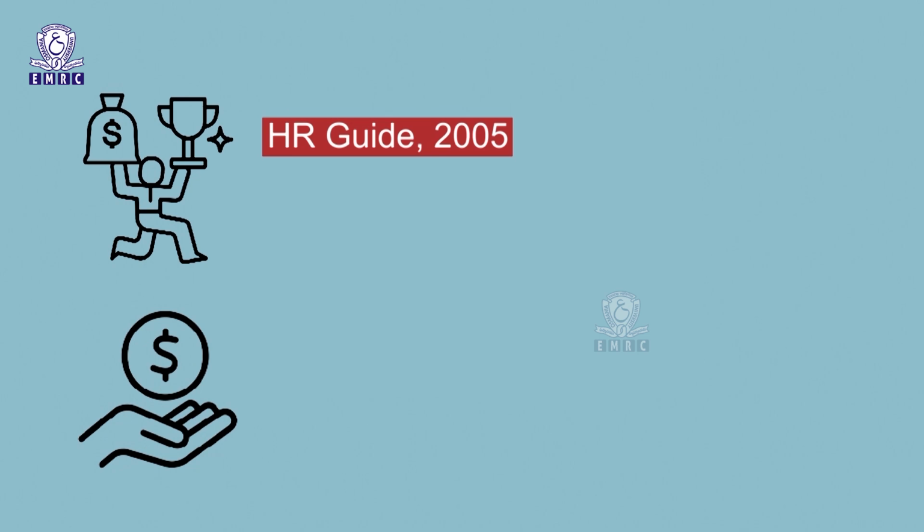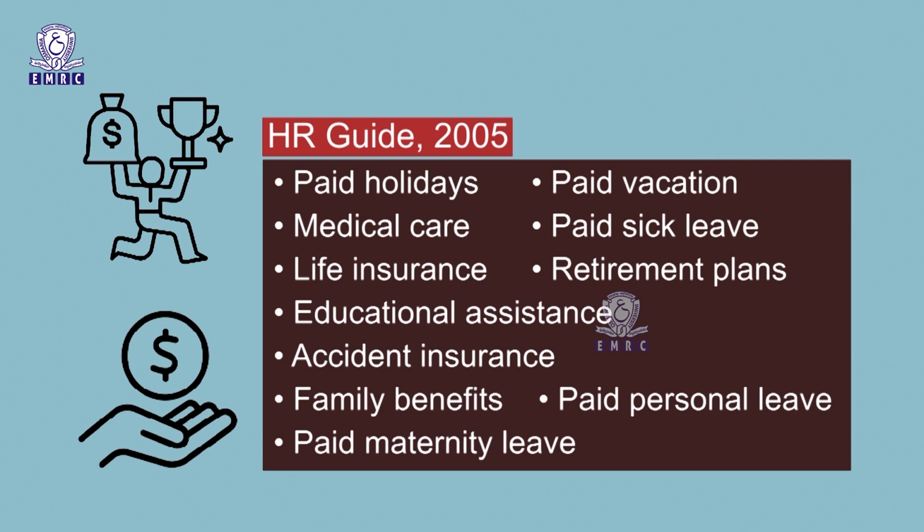advance. Besides the aforementioned schemes, other forms of incentives according to HR Guide 2005 are paid holidays, paid vacation, medical care, paid sick leave, life insurance, retirement plans, educational assistance, accident insurance, family benefits, paid personal leave, paid maternity leave, and in addition to monthly salary or wages, various fringe benefits are also available to employees.